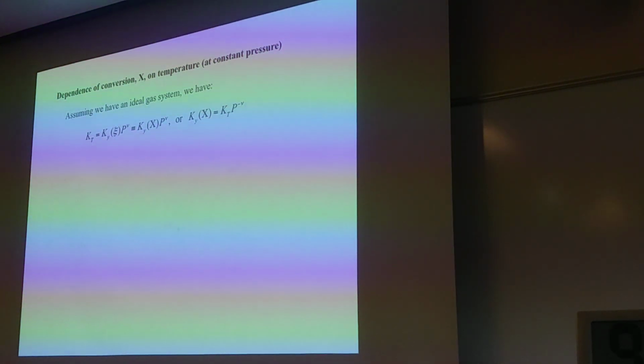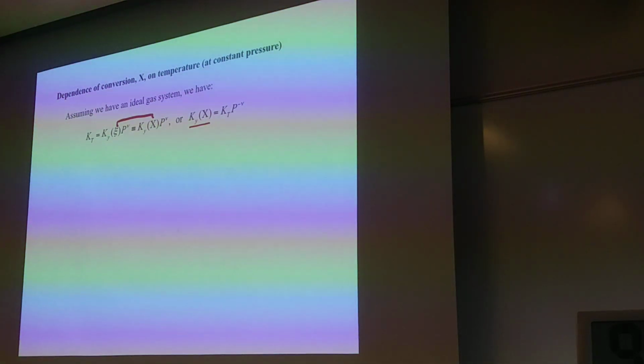But if I have an ideal gas system, then the equilibrium constant here, and I've just indicated a subscript T here to suggest that it's at the temperature of interest T, is equal to the Ky times the pressure of the system raised to an exponent, which is the stoichiometric number for the reaction. And I can write here xi is the same as X. And let's invert this around, because what I'm interested in expressing stoichiometrically is this Ky as a function of X. And that's equal to our equilibrium constant here in terms of activities, times the pressure now with an exponent equal to minus the stoichiometric number for the reaction.